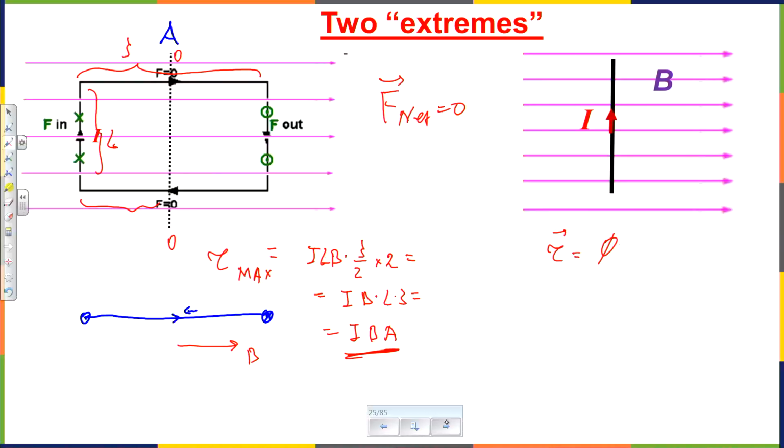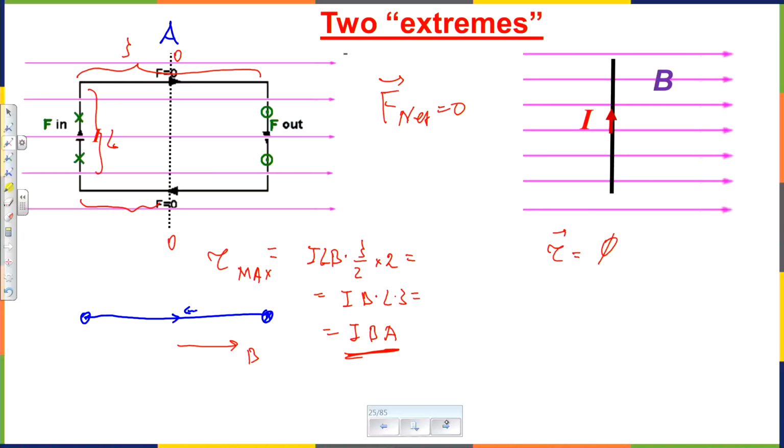And of course now, first of all, we need a way to describe the mutual orientation between the loop and magnetic field, because it matters. People could have used the angle between the loop and magnetic field. So magnetic field, loop, I can turn the loop or change the magnetic field.